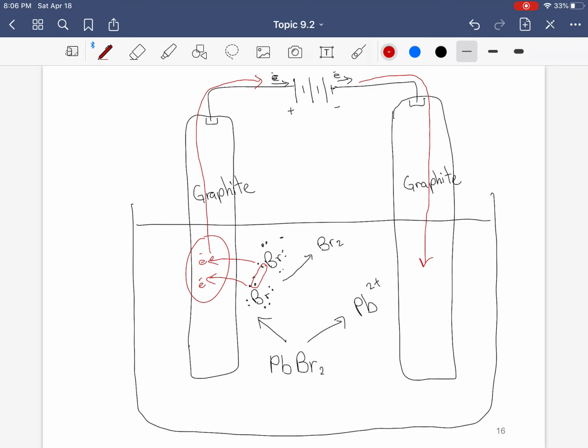Once they're on the other side of the graphite, this is where lead comes into play. Lead will say, hey, thank you very much for the electrons. Okay, both of those electrons, thank you very much. Because now I can become solid lead.